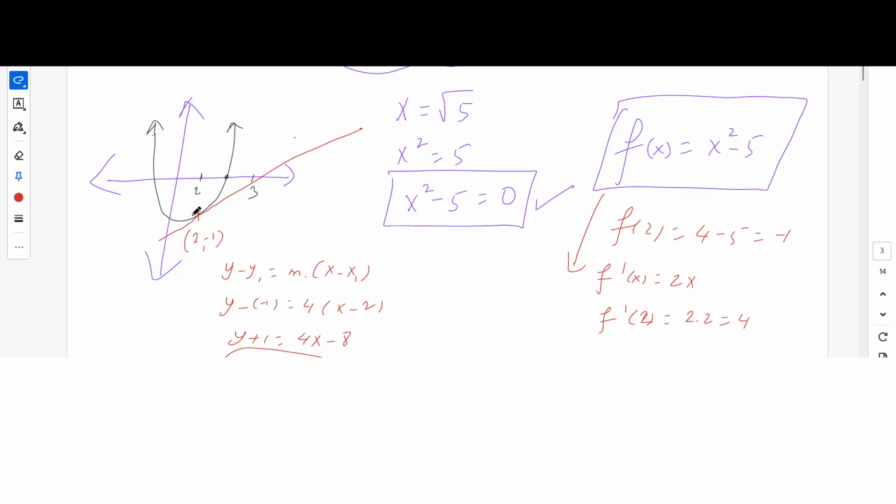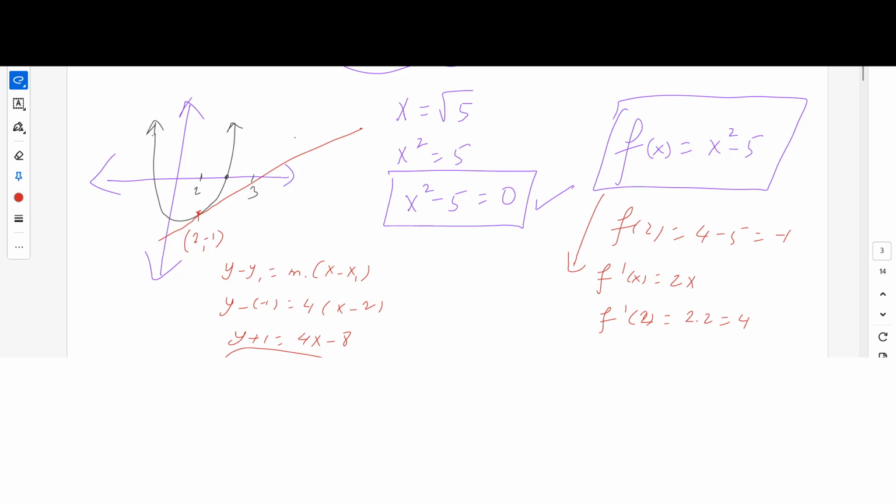After finding the equation of the tangent line, maybe this is not the right way to draw it, because I don't know whether it's going to be beyond the 3 or before the 3.